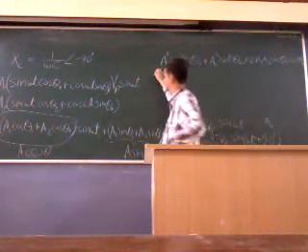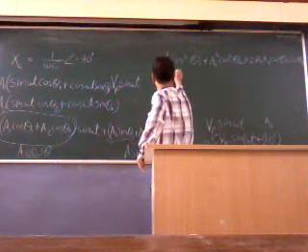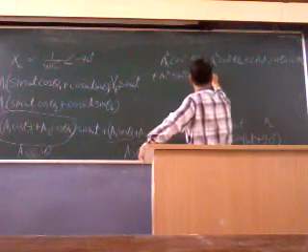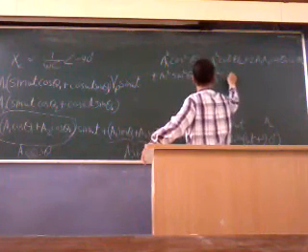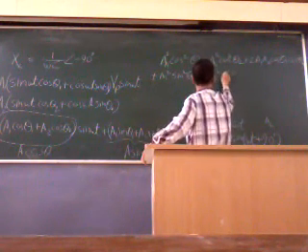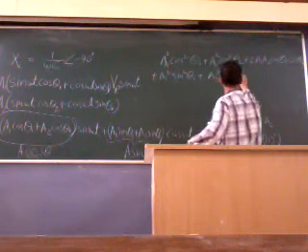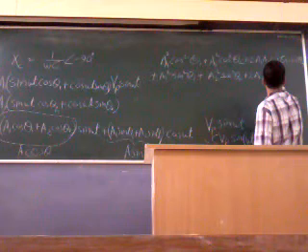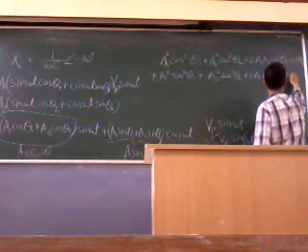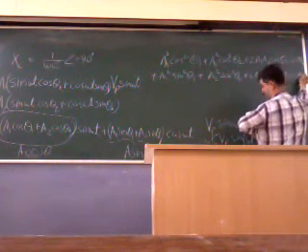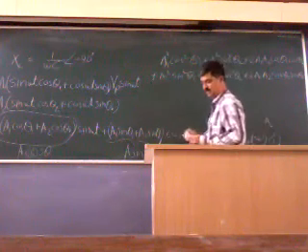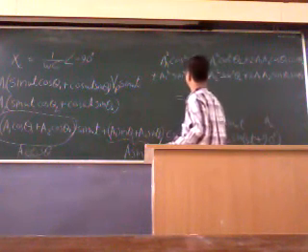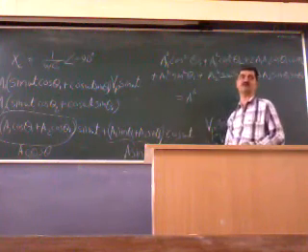plus a1 square sin square theta 1 plus a2 square sin square theta 2 plus 2 a1 a2 sin theta 1 sin theta 2. That must be equal to a square.